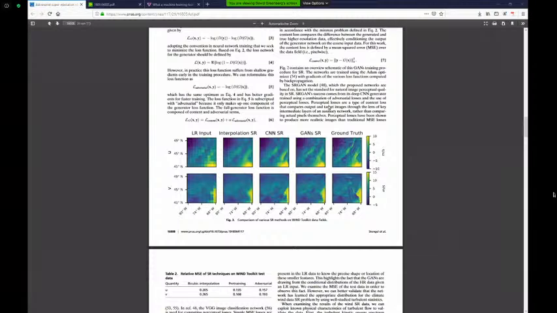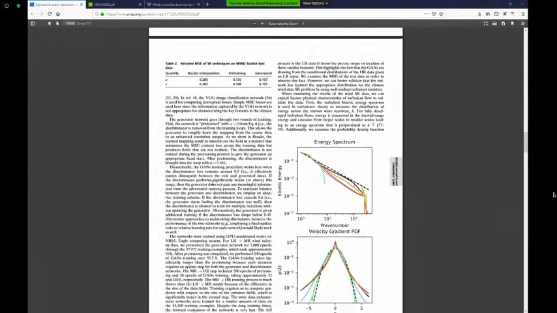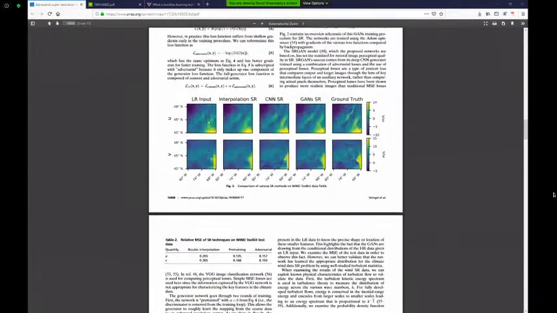So the discriminator network can't tell apart the GAN-generated super resolution images from the ground truth images used in training. And you can see then they're not identical by any means, but they sort of have a similar texture. They look like the same kind of images. So this is how they do this for the wind fields, and they're able to go from low to high resolution.